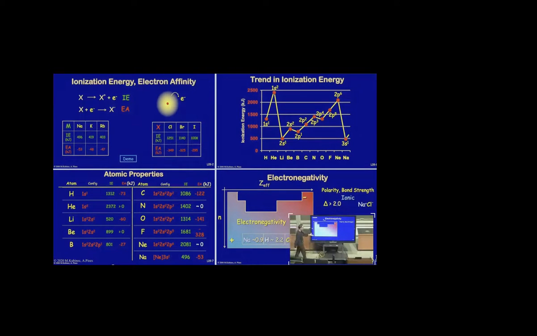So here's one trend we'll talk about. We're going to define this term electronegativity, and this electronegativity is going to have a trend that goes diagonally across the periodic table. So that's a little different than across our rows and down our columns.